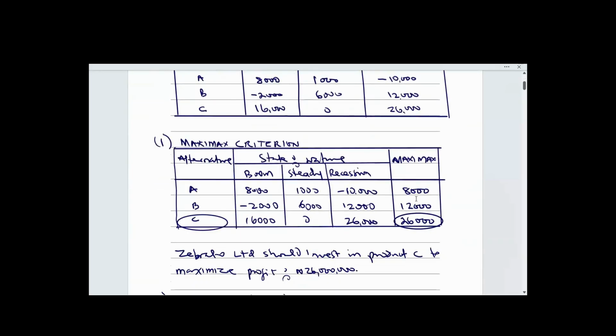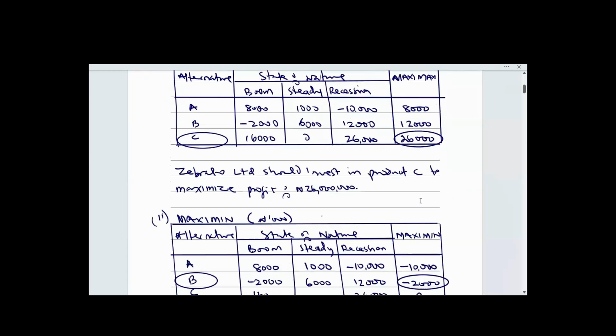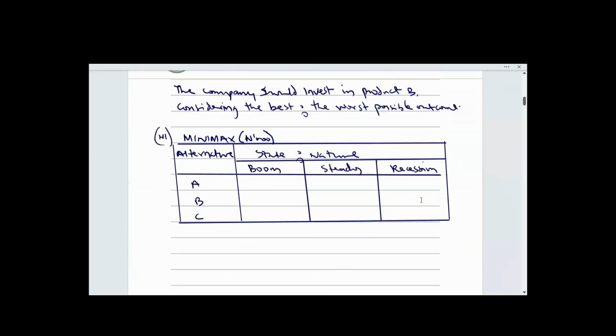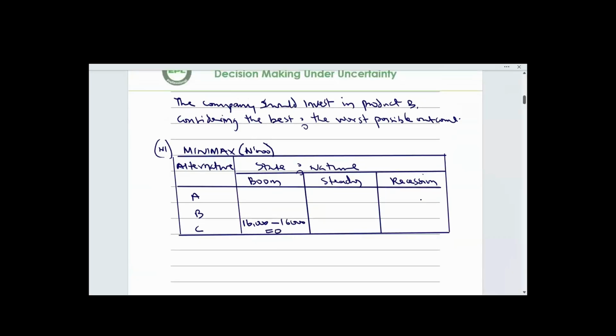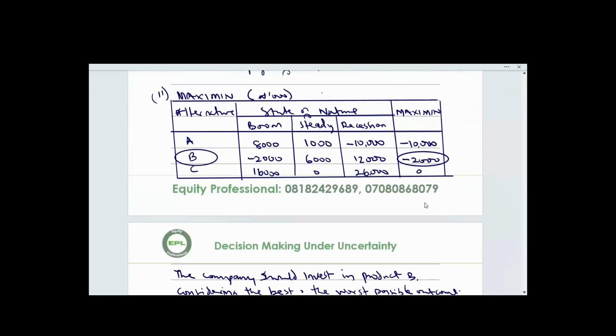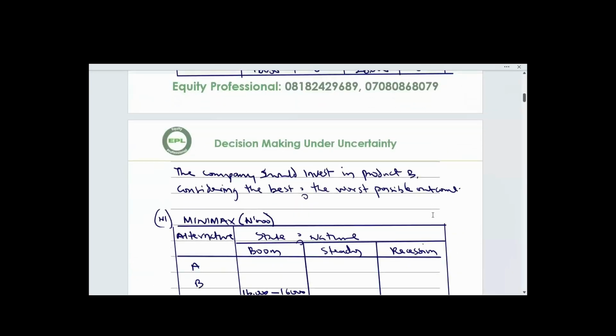Therefore, that's step one. Step two says you should deduct the highest figure from itself and from other figures in the column. In the first column, highest figure is 16,000. So I would then say 16,000 minus 16,000. This will give us 0. For alternative B, we have minus 2,000.